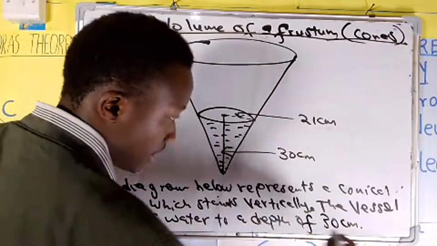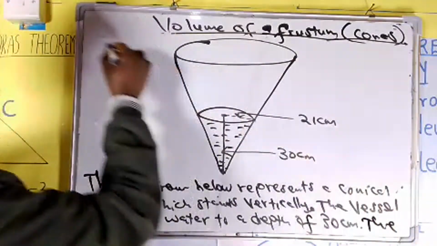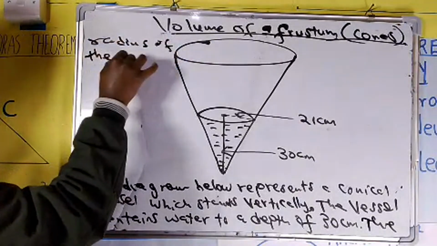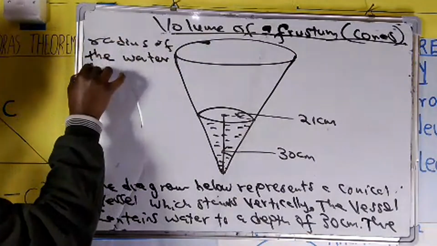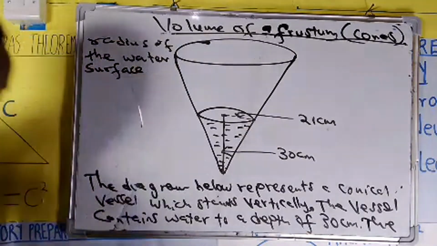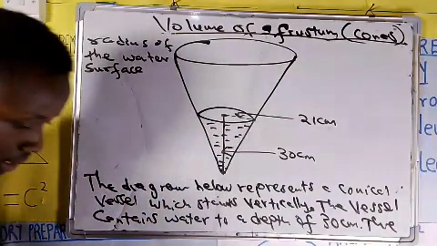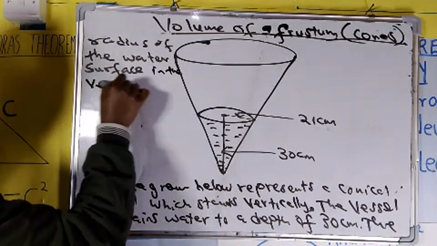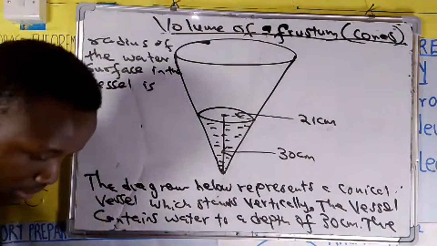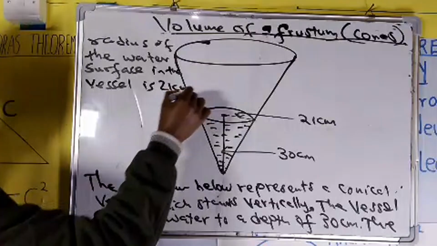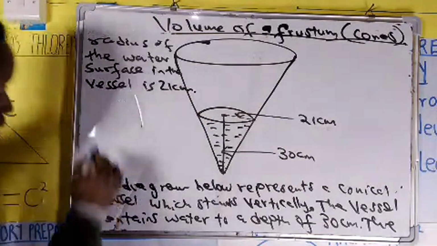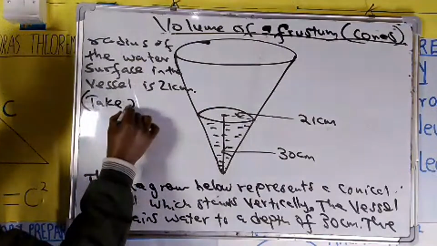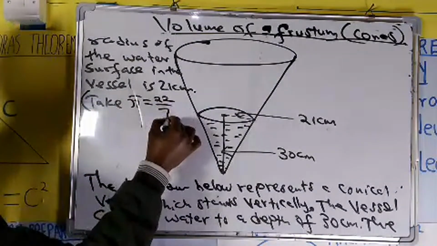The radius of the water surface in the vessel is 21 centimeters. Take pi is equals to 22/7.